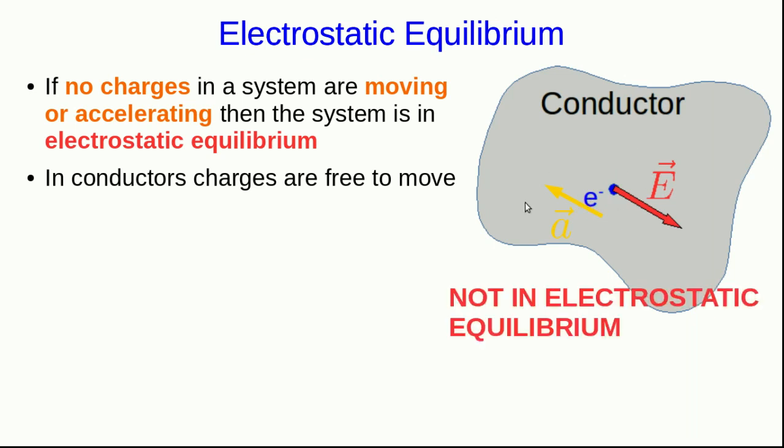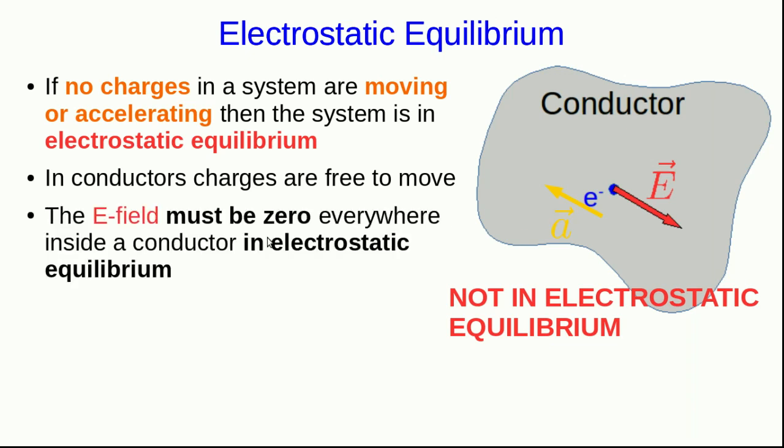And so this conductor is not in electrostatic equilibrium. And what we can now say is that if there's an electric field anywhere inside the conductor that's non-zero, then the conductor can't be in electrostatic equilibrium because charges inside it will accelerate. So the E field must be zero everywhere inside a conductor that's in electrostatic equilibrium.